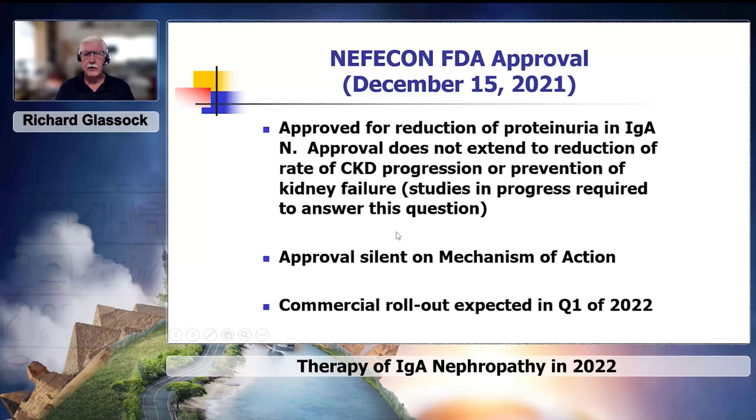It does not extend to a reduction of the rate of CKD progression or the prevention of kidney failure, and studies in progress will be required to answer this question. The approval is also silent on the mechanism of action, but one anticipates commercial rollout of this drug, at least in the United States. I don't know how it will do globally. It is expected in the first quarter of 2022.